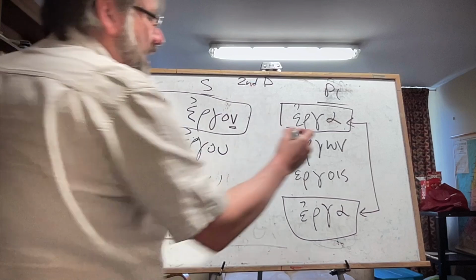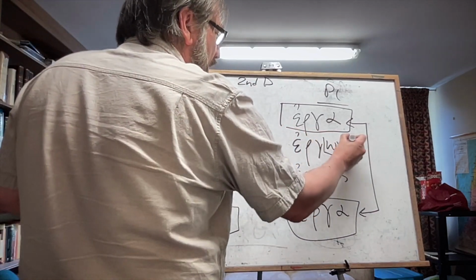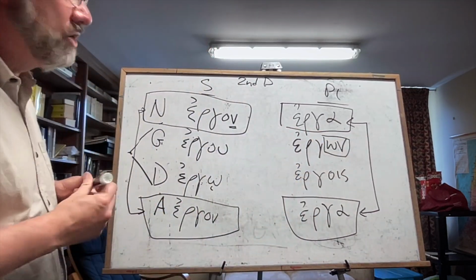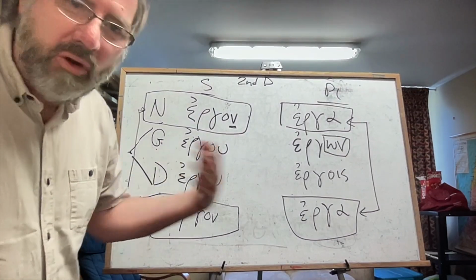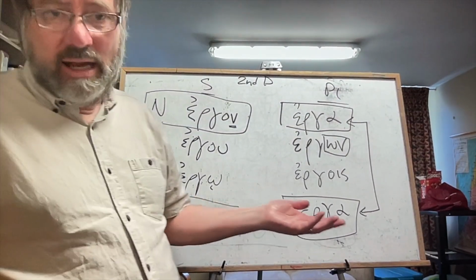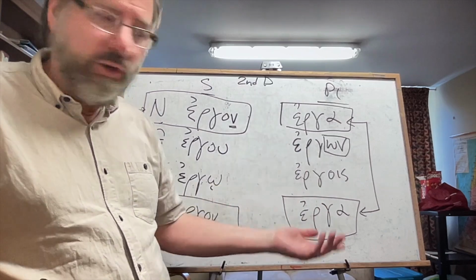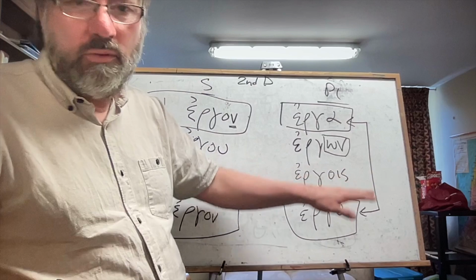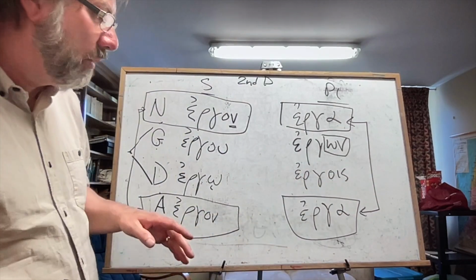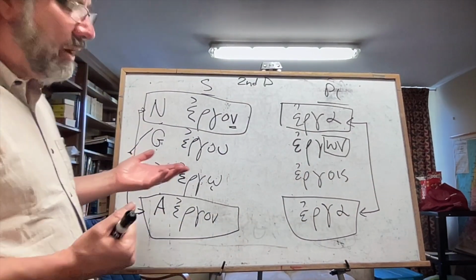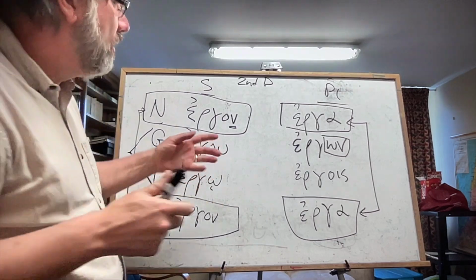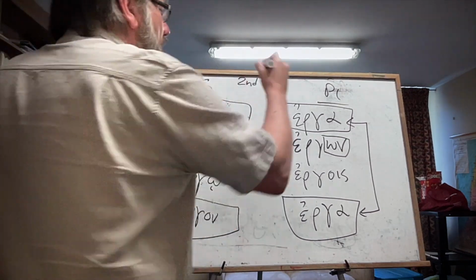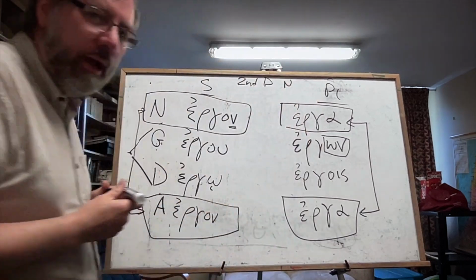Plus, we're beginning to see that the omega nu at the end of the genitive plural carries over for both first and second declension. And the good news is when we get to third declension, we'll see this same thing. The genitive plural, omega nu. That tells you the genitive plural. So that's about it. That's your second declension neuter paradigm.